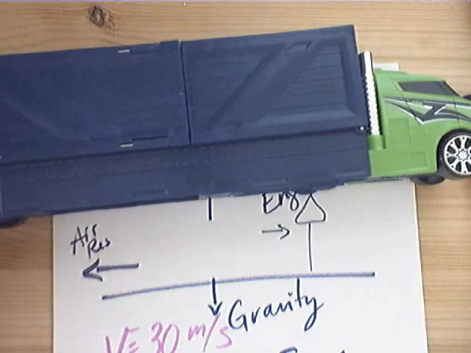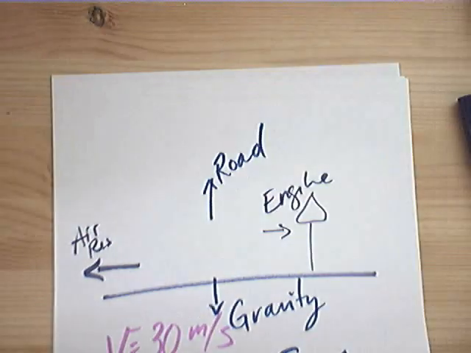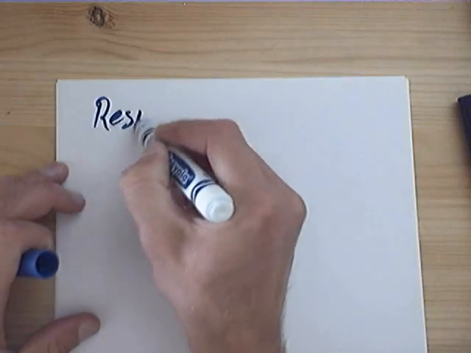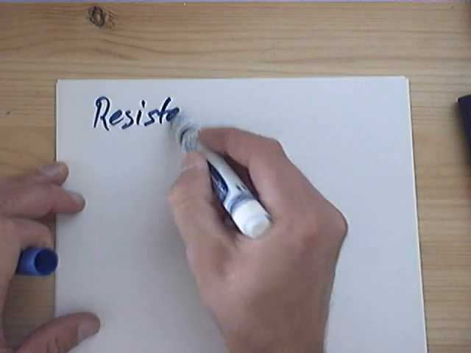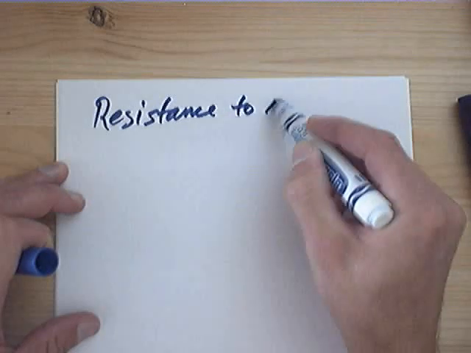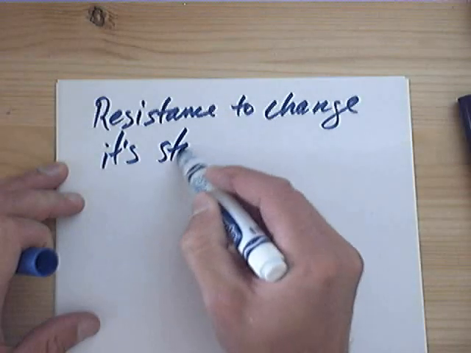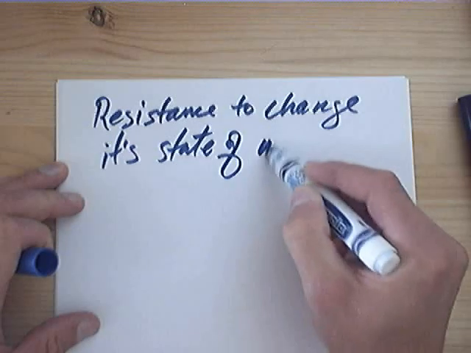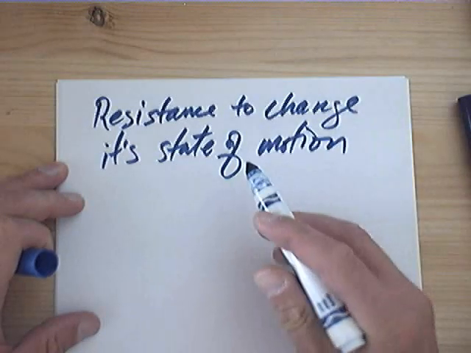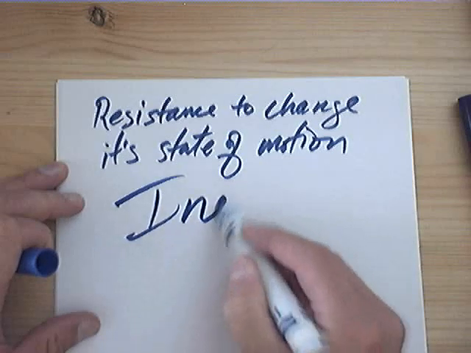Let's push this one out. Oh, it's just too hard. All right, this resistance to change its state of motion is called inertia.